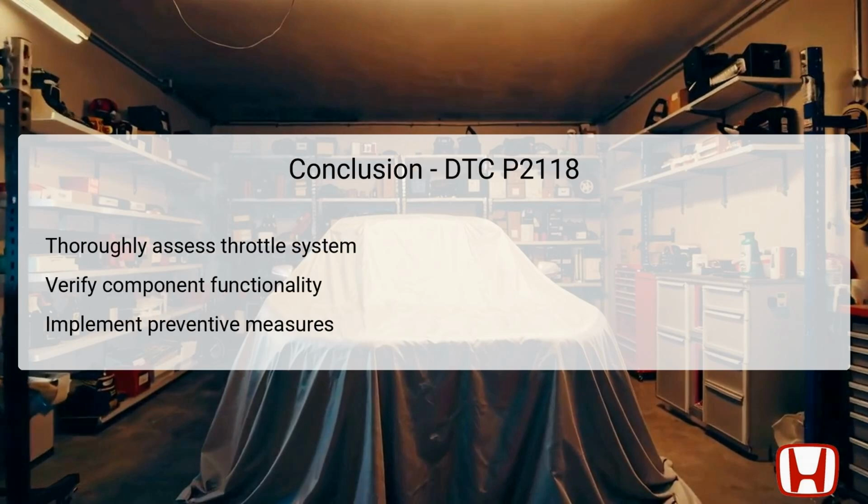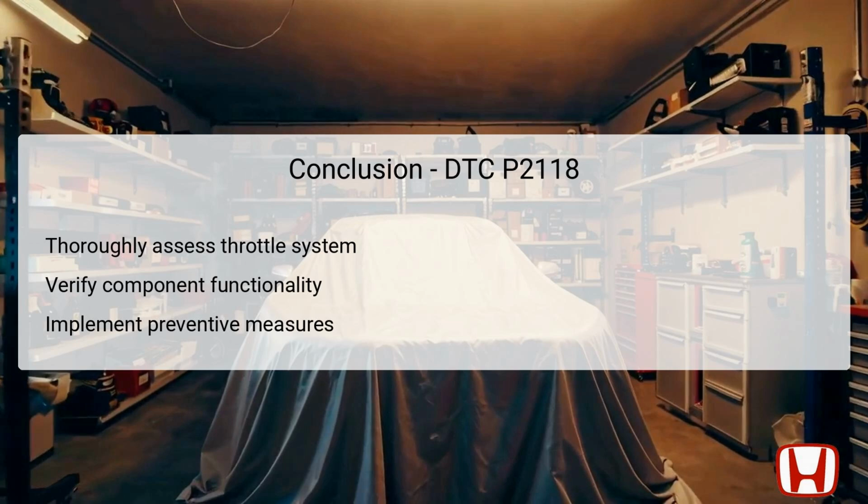In conclusion, effectively diagnosing and resolving DTC P2118 in the Honda Odyssey involves a systematic approach, starting from checking the ignition and utilizing the HDS for accurate diagnostics. Key components, including the throttle actuator, wiring, and PCM, play critical roles in engine performance and must be thoroughly assessed for continuity and functionality.